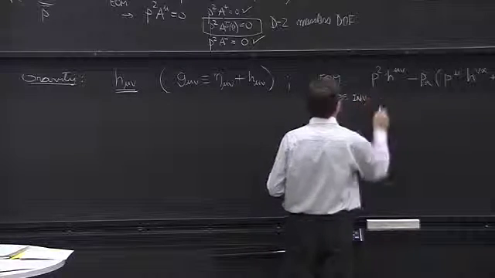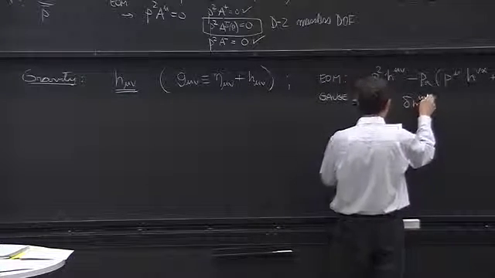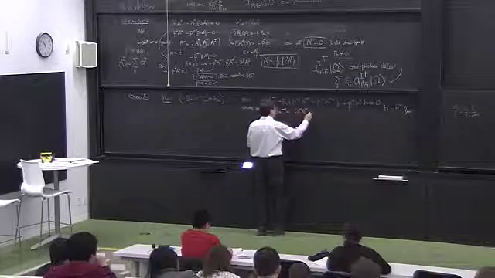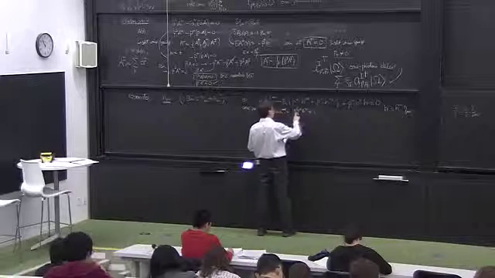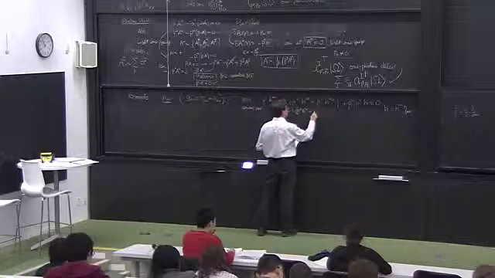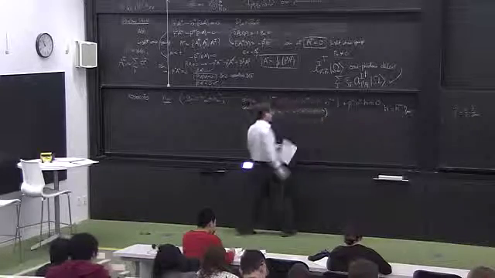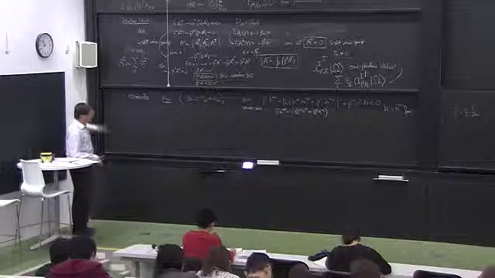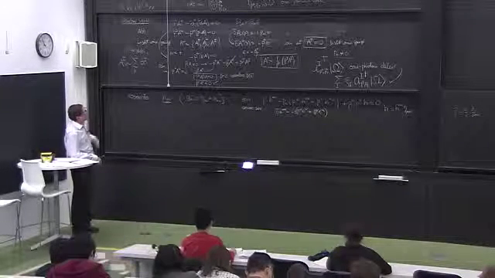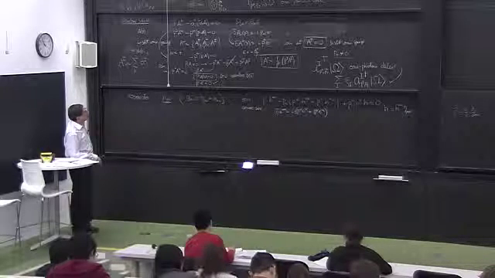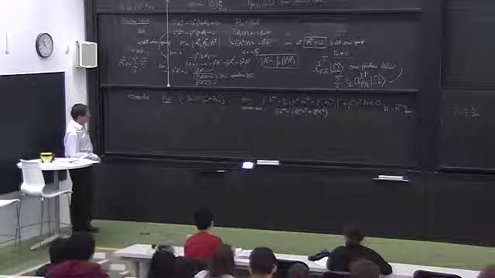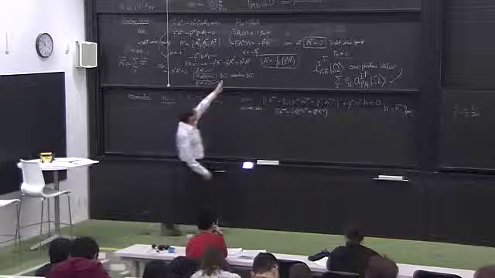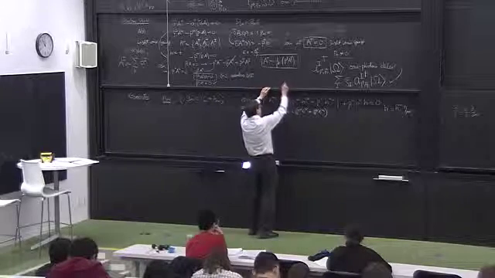Just like the photon equation, delta h mu nu is equal to i times p mu epsilon nu plus p nu epsilon mu. First thing to notice: in the case of electromagnetism, the gauge parameter had no index.